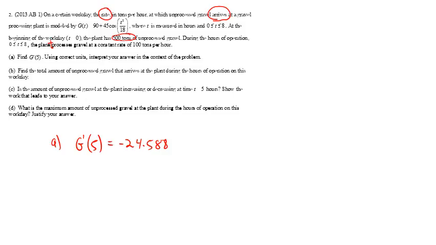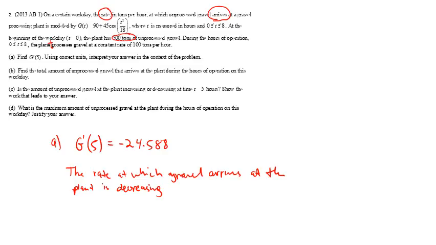Okay, so remember that G was a rate. So we want to say the rate at which gravel arrives at the plant is decreasing. So think for a second, why is it decreasing? Okay, it's because the value of this derivative is negative, so that's why the rate is decreasing.